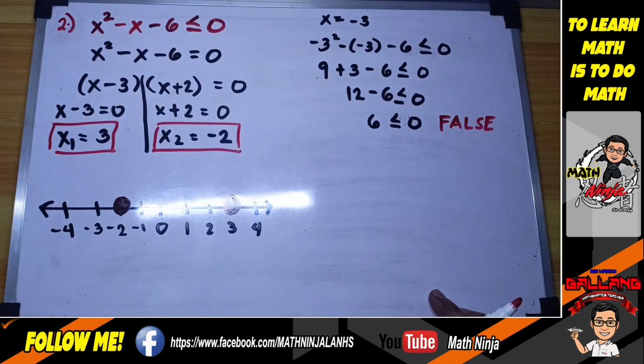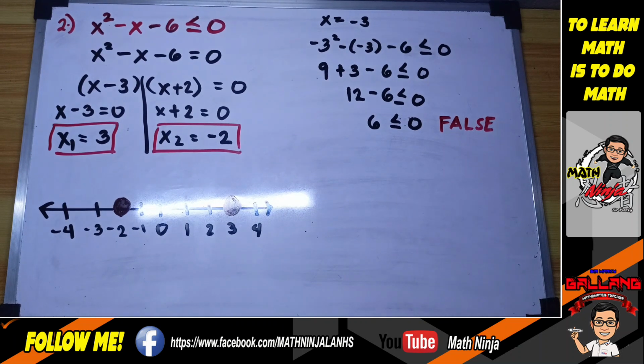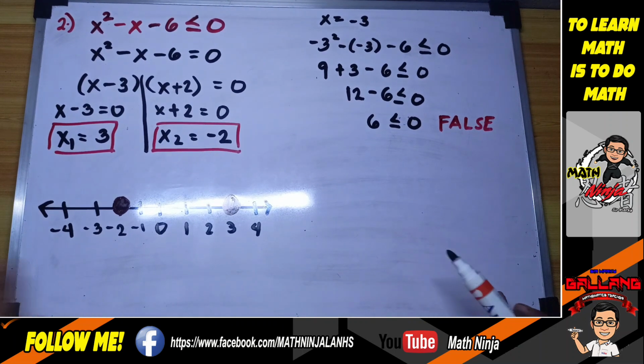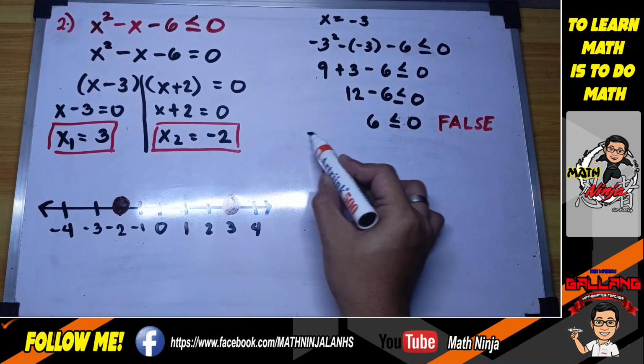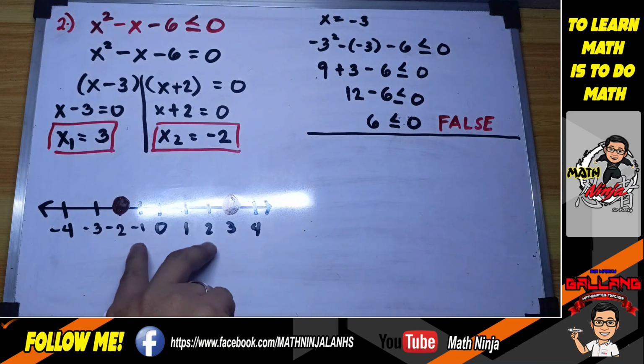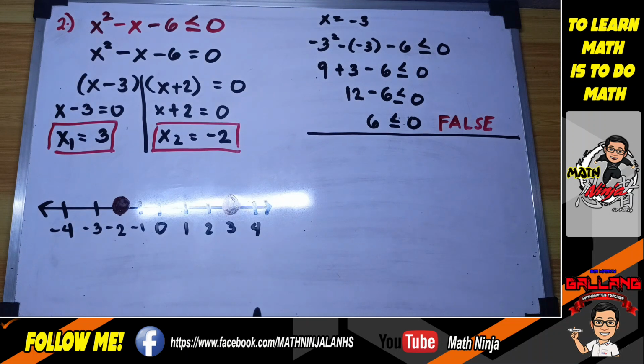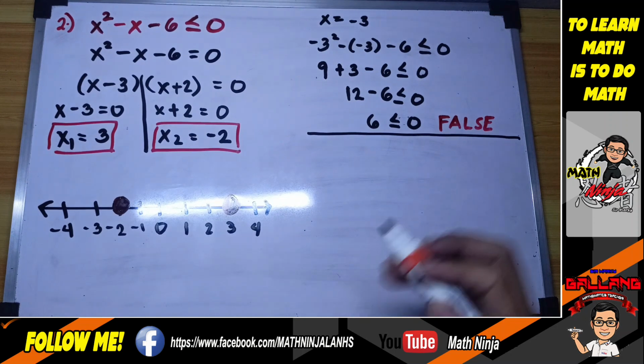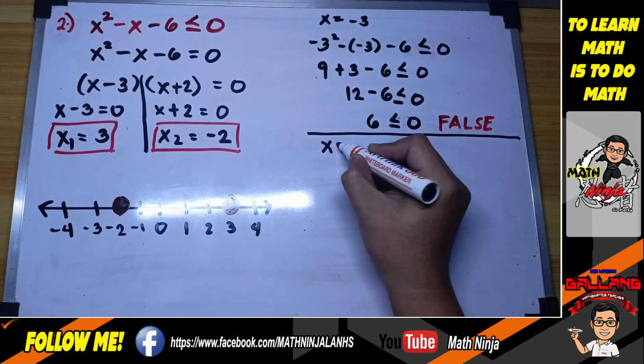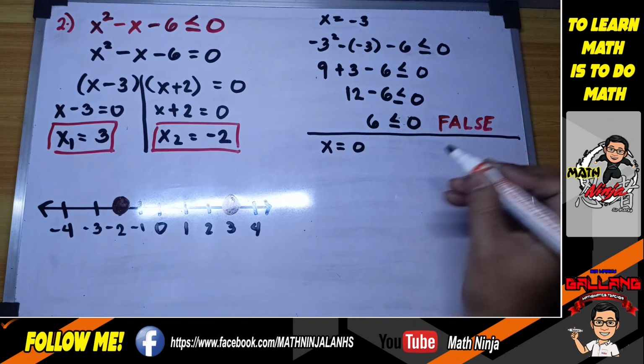Hindi natin siya sishadean. Okay, so from this moment, tapos na tayo dun sa first region, proceed na tayo ngayon sa second region. Pili ulit tayo ng isang number or integer na nakapaloob dito sa part na ito. So sabi ko nga sa inyo kanina, sa first example natin, pwede natin gamitin is yung 0 para madali ang ating magiging solution. So x is equals to 0.